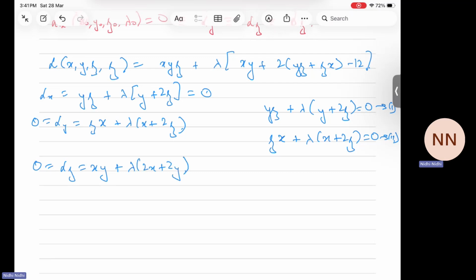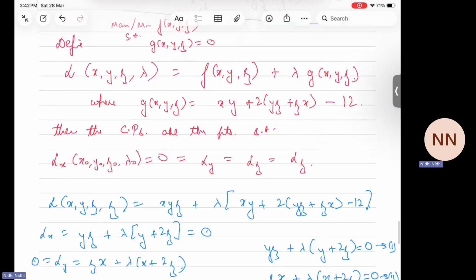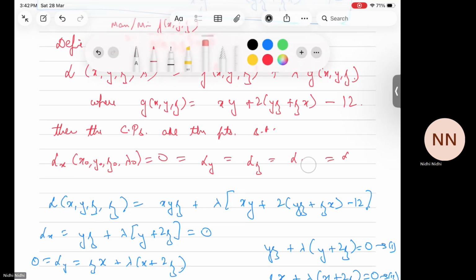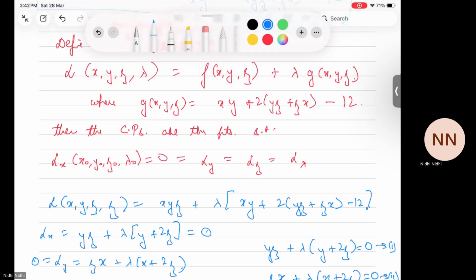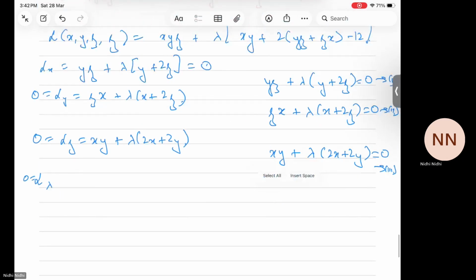So from here we get our third equation, xy plus lambda times 2x plus 2y equals 0, and the derivative with respect to lambda is just the fact that it satisfies the constraint.